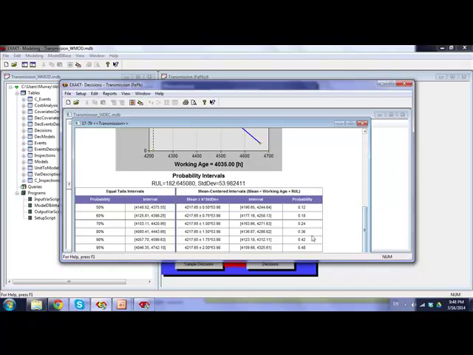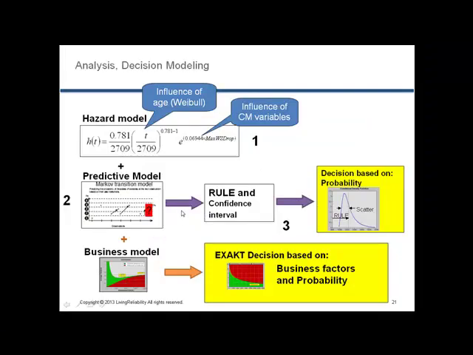The table says, for example, that failure will occur between 4,000 and 4,800 hours with 99% probability. Incidentally, the confidence intervals shrink as our CBM program receives better and better age data from the EAM or CMMS as a result of a LRCM process.